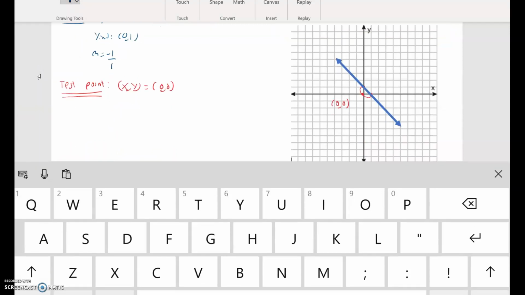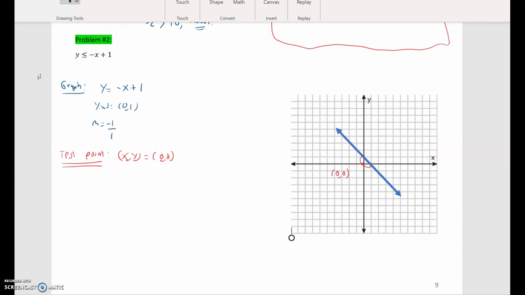So as we evaluate the coordinate point 0, 0, you're looking at y is less than or equal to negative x plus 1. So 0, in this case 0, it's less than or equal to negative 0 plus 1.